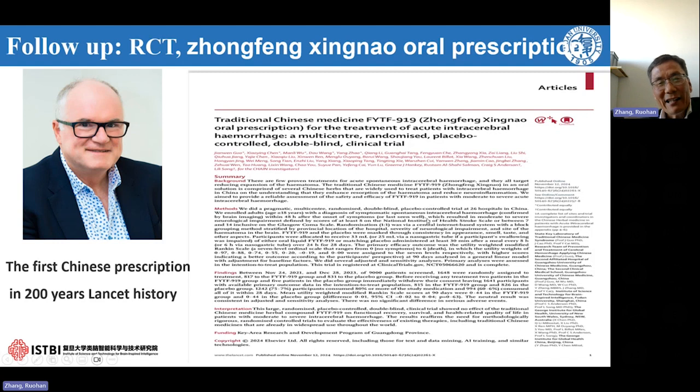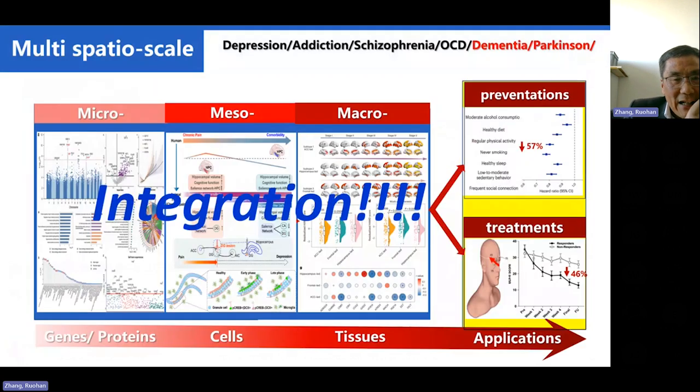The drug has been used in China for more than 20 years, but unfortunately, using an RCT they proved it's safe to use, but it's essentially a placebo. So we are working together to follow our results up, to see how we can develop different treatments for schizophrenia, for example.